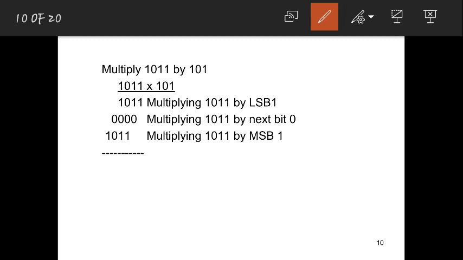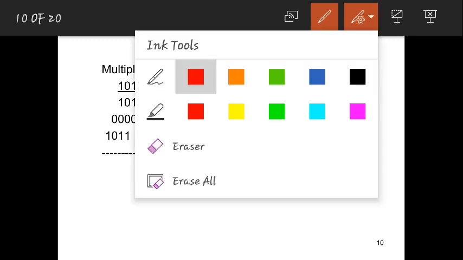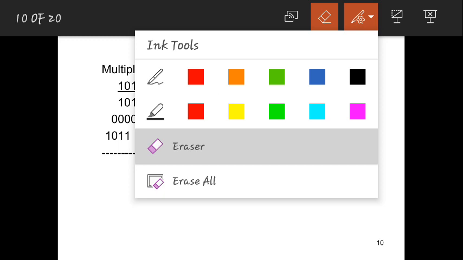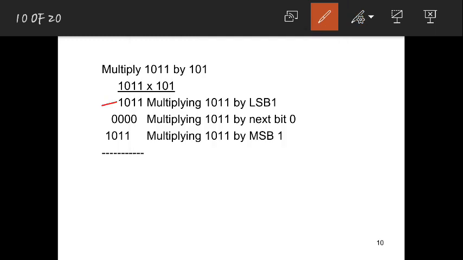So here he mentioned that this 1011, sorry, this is the solution. This is the sum what you have already done. What you are doing in this step, he mentioned. In this step you are multiplying this 1011 by LSB, that is 1. In this step you are multiplying this 1011 with the 0th bit. Okay, he has written it in statement form here.